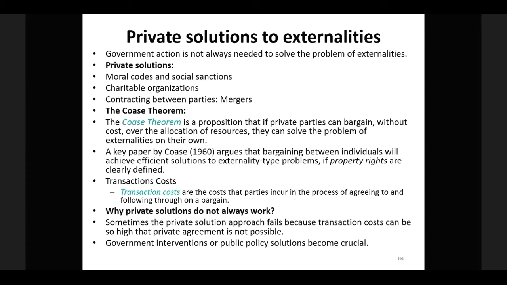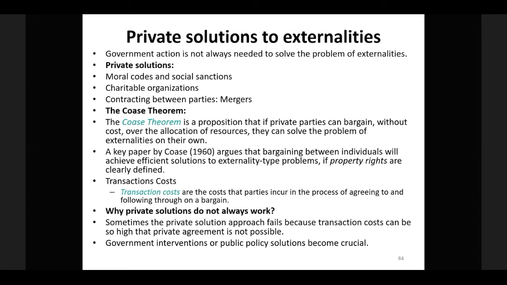But these private solutions can address the problem to the extent that it is possible to enforce such private solutions or to negotiate at a lower cost, such that there is some equilibrium as far as the people who are affected and people who are benefiting are concerned.